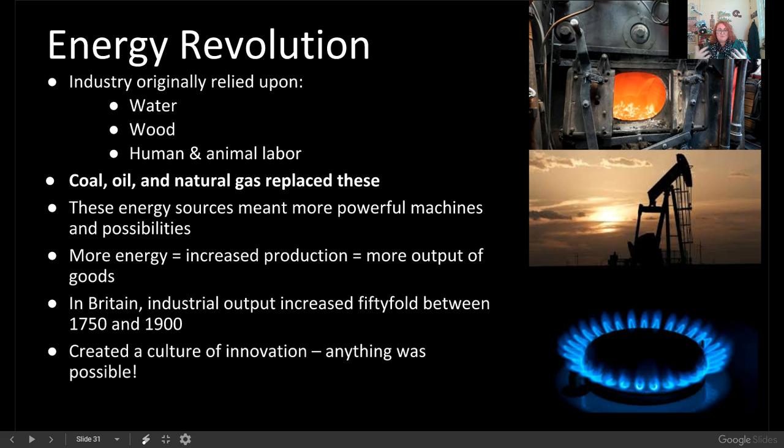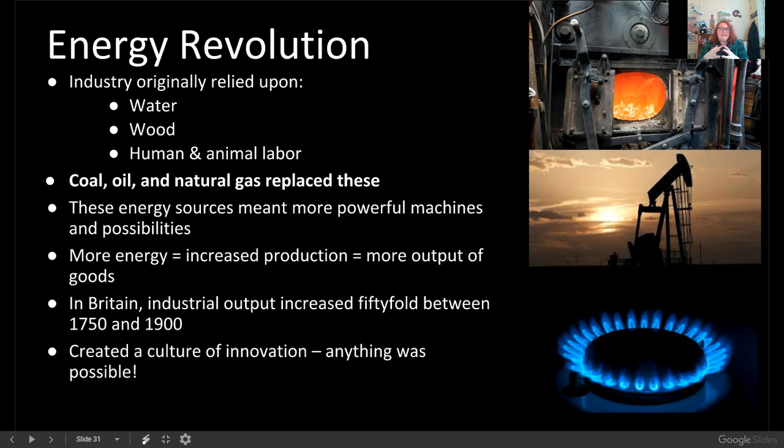And because Britain was sitting quite pretty on a coal field, they were able to increase their output 50-fold. That means 50 times the amount of products they were putting out in 1750, they were doing by the 1900s.